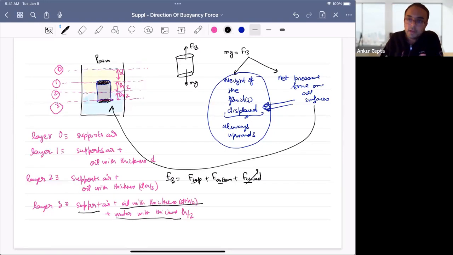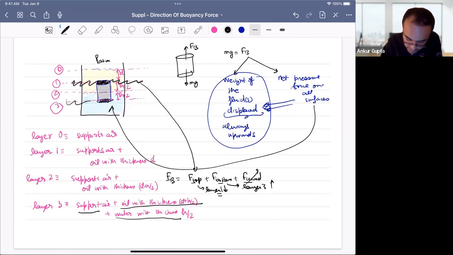Okay. Now I hope you can see, because the top force will push it down and the bottom force is pushing it up. You would agree, I hope, that this is layer 3 pushing it upwards. This is layer 1 pushing it downwards. Layer 1 is the top part, and layer 3 is the bottom part.